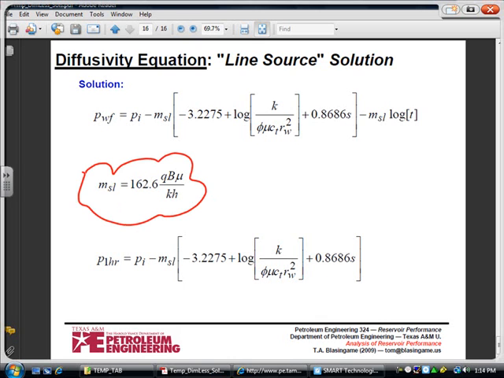This is the slope of the straight line. So once you obtain the slope, then you know Q, right? You know B, you know viscosity, you know the thickness. So from the slope, what you find is the permeability of the reservoir. Okay, do you want me to repeat?